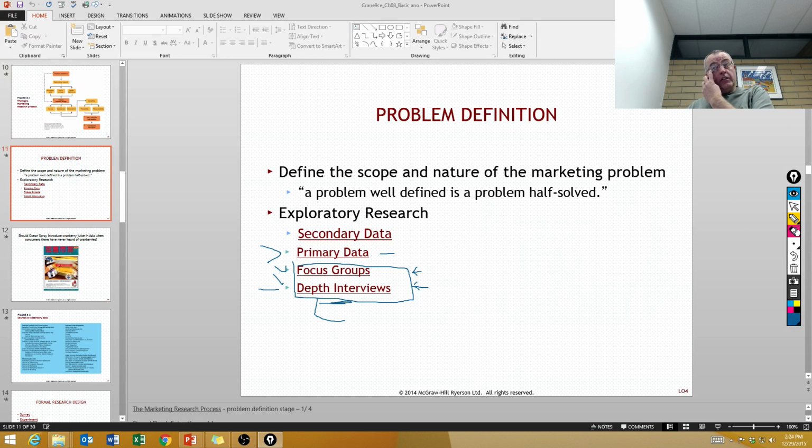Okay, so the second stage of the marketing research process is designing the approach we're going to use in the research.